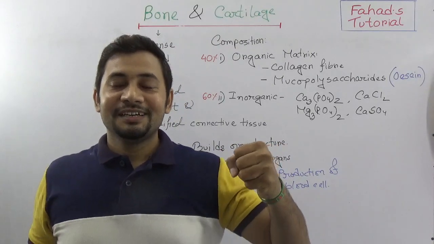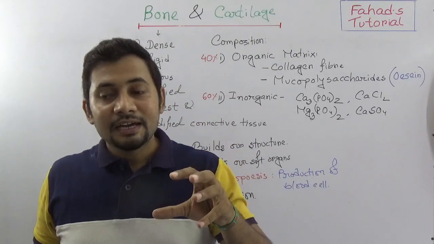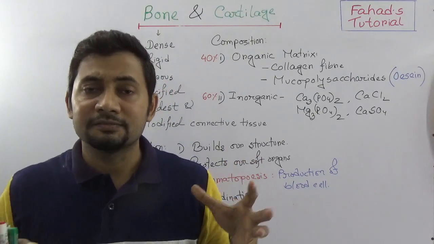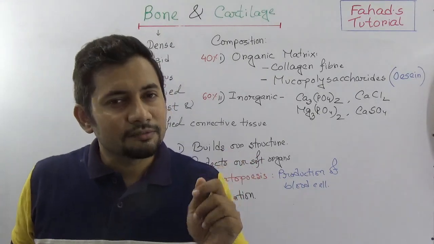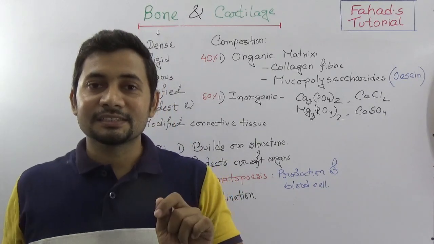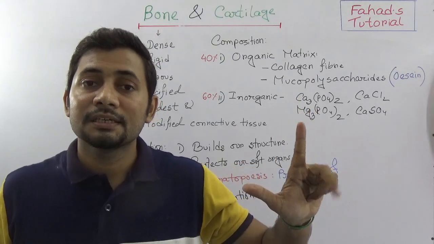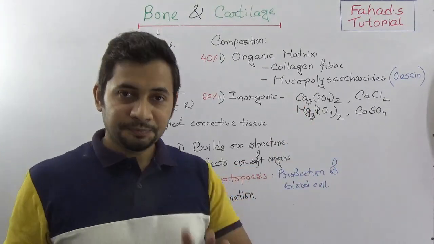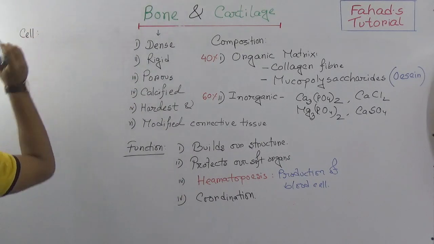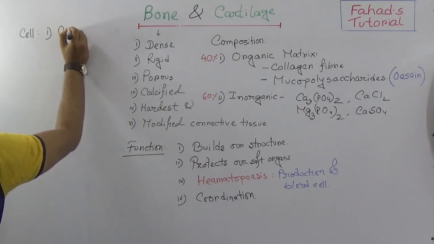It is strong because the matrix is very dense here, and the cells and the calcium deposition also help to make it stronger. In bones we have cells called osteocyte, osteoblast and osteoclast.